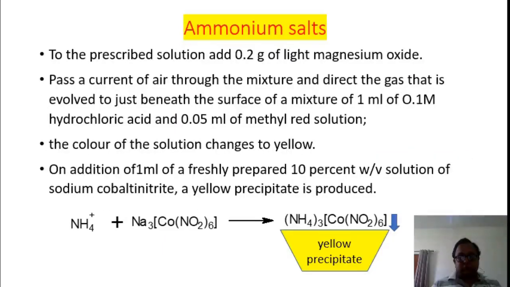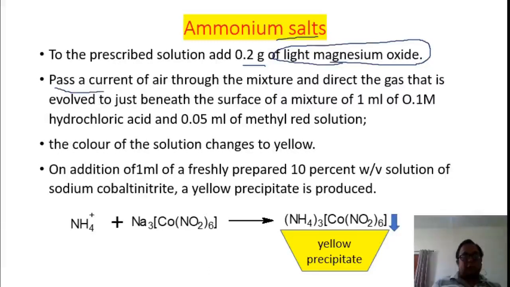In this test of ammonium salt, we add 0.2 gram of light magnesium oxide to the solution under test. In the next step, pass a current of air through the mixture.